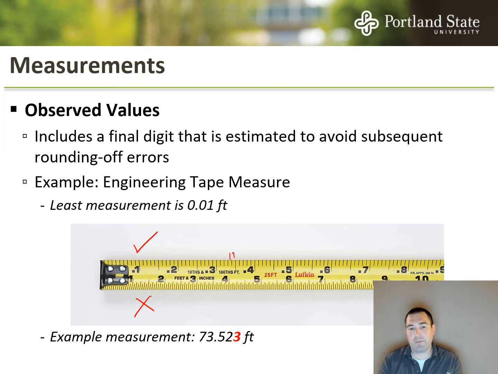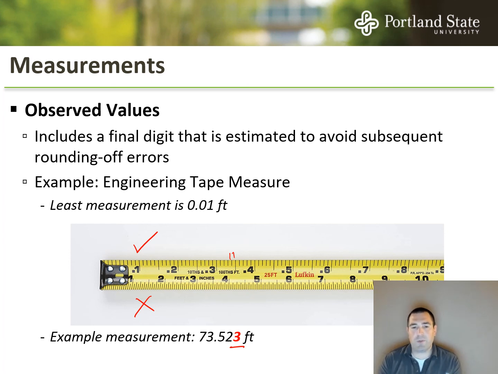Now, when you make a measurement and the least gradation is 1/100th of a foot, you will actually specify a value in the thousandth of a foot digit. And that is an estimate. Oftentimes people would just estimate it as a 0 or a 5. I'm fine either way. Or you might try to make an even more precise guess.